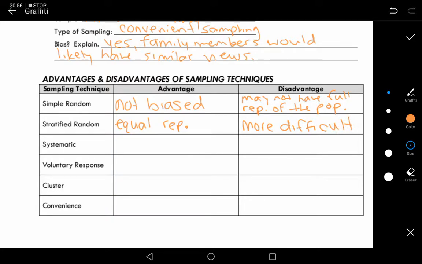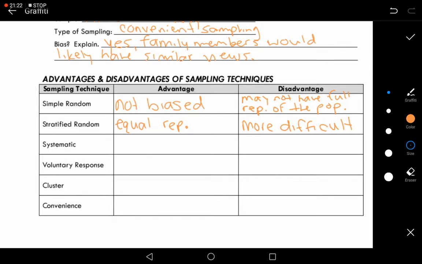So systematic is when we take every fourth person, for example. An advantage to that, and I'm sure you've had plenty of situations where your teacher has done this to you, and you probably tried to figure out what number of persons she or he took, and stood far away from your friend.